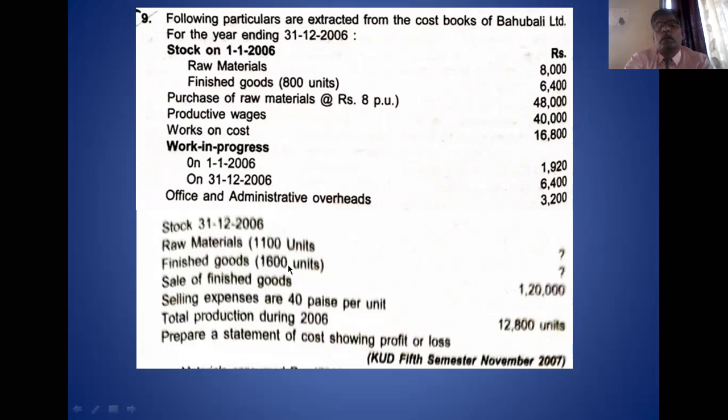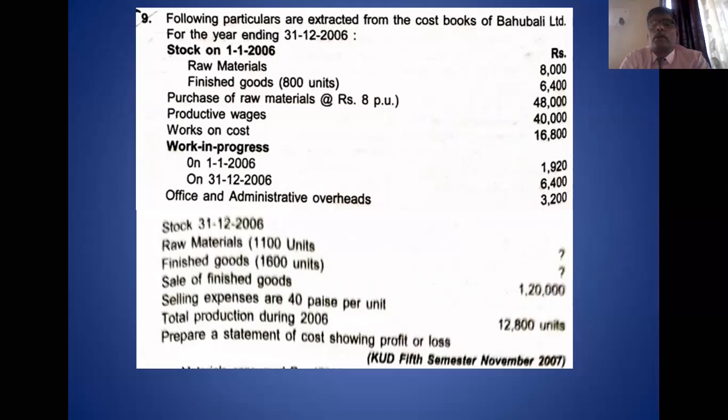Then finished stock is 1,600 units. It is to be valued on the basis of cost of production per unit. It is possible only after preparation of the cost sheet. Sale of finished goods is 1,20,000, and selling price is 40 paise per unit.